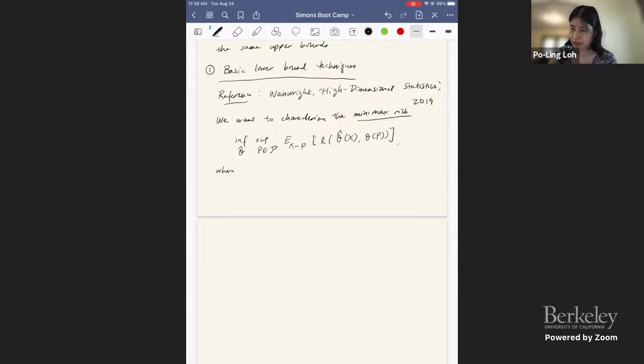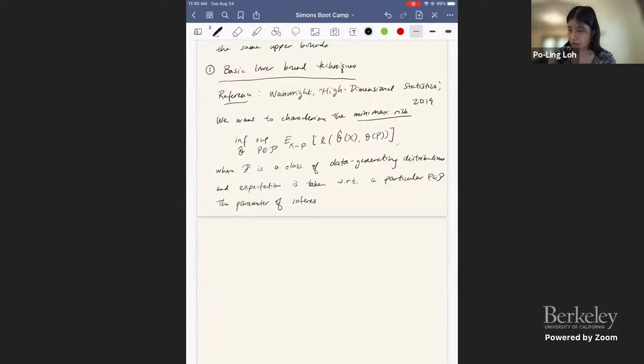Here, script P is a class of data generating distributions. The expectation is taken with respect to a particular distribution P in script P. And the parameter of interest is some functional theta of P.